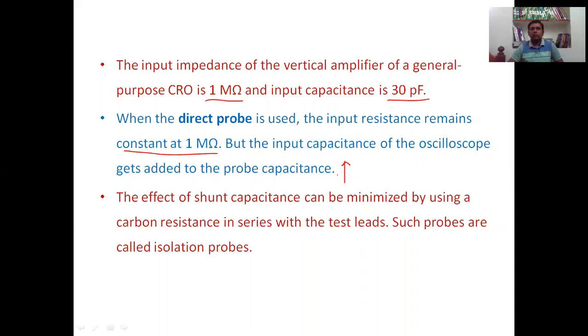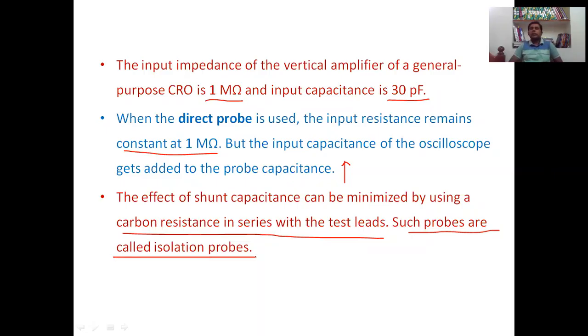So to minimize this capacitance, one more resistor is added in series with the test leads. That is called carbon resistance. Carbon resistance is connected in series with the test leads, and such probes are generally called isolation probes.